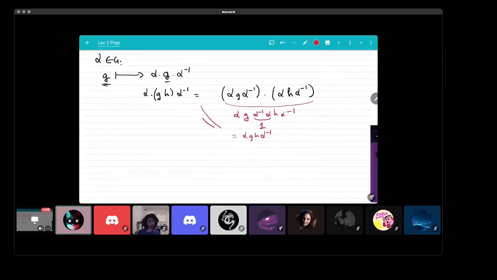As for it being bijective, we can find the inverse function by sending h to conjugation by alpha minus 1, so this is h.